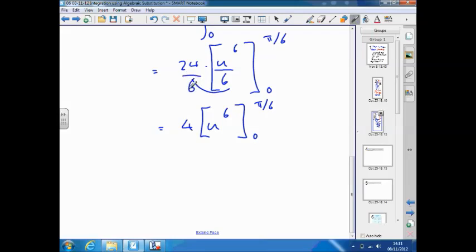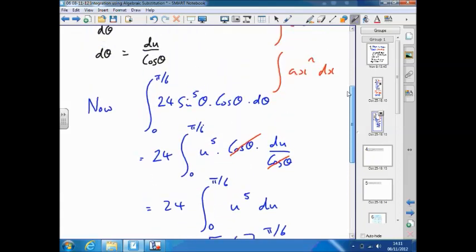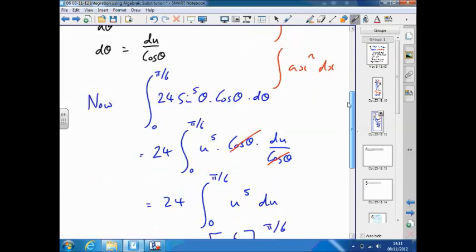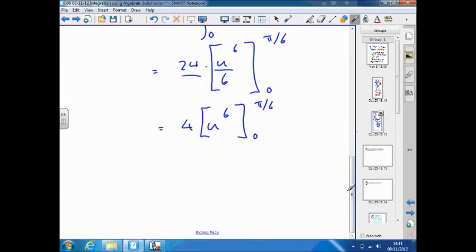Okay? And now, as Daniel was suggesting, we can substitute back in what u is. What's u? It's sine theta. So this equals 4 bracket sine to the power 6 of theta between 0 and pi over 6.